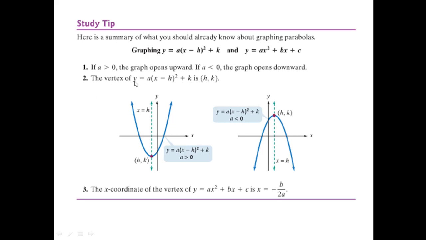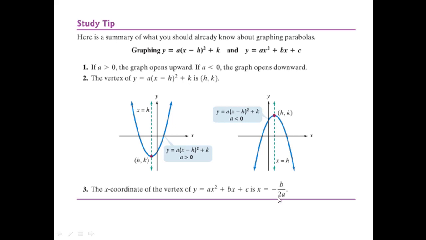Now, the vertex of y equals a times x minus h quantity squared plus k is (h, k). Pull that out of there, change its sign, and the k is just the sign that it normally would be. Now, the x-coordinate of the vertex of y equals ax squared plus bx plus c is x equals negative b over 2a.